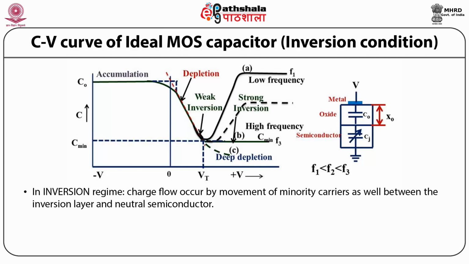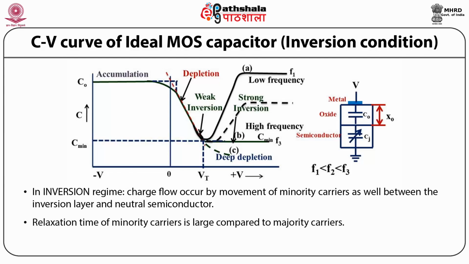So the MOS shows frequency dependence. If the frequency is low, so that the generation recombination rates in the surface depletion region are equal to or faster than the gate voltage variation, then minority carriers can follow the applied signal and lead to charge exchange with the inversion layer in step with the signal.